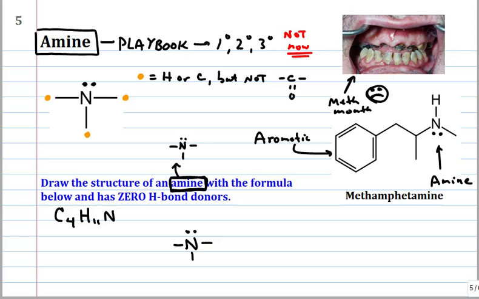So I know that I'm going to have to put carbons around this nitrogen. Now, if I just stopped here, that wouldn't be good either, because I have to have 4 carbons. Well, it's your choice. You can put another carbon on any of the existing carbons I've drawn here. You can't put that carbon on nitrogen because you already have 3 bonds to the nitrogen. So I'm going to do that. Does this work? Well, I'm feeling pretty good about this.